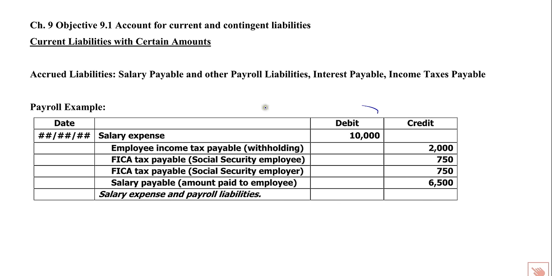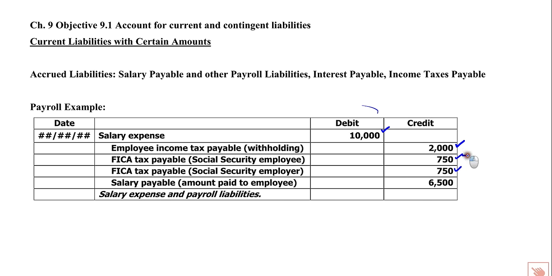Well, from a corporation's perspective, they have a salary expense, but you might have some income tax withheld. So they'll credit the income tax payable that they'll have to send to the IRS. And then there's also employee and employer portions of Social Security, and then other things we didn't put in here, Medicare, but we're not going to get into that.